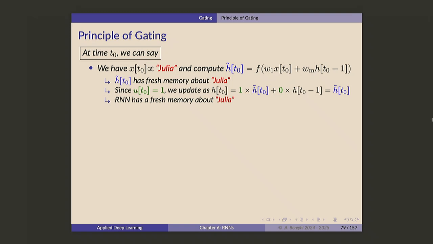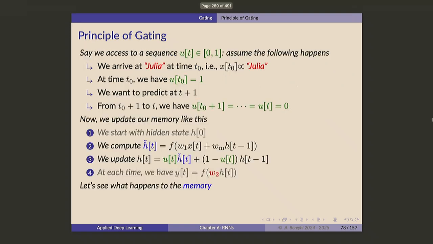Now, I set u equal to 1 for that time. This means that when I want to update my memory, this is the step that I do the update. By updating the memory, I mean step 3 here, right? When I want to update the memory, I get h tilde, which is the fresh memory about Julia. I multiply it by 1, I keep it.